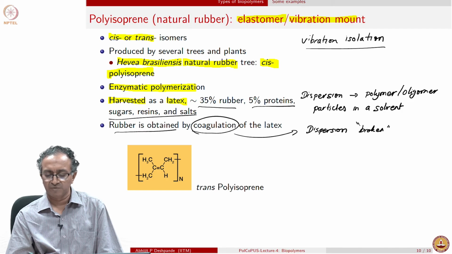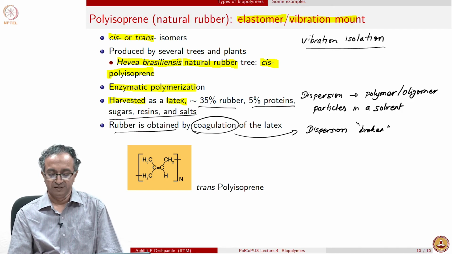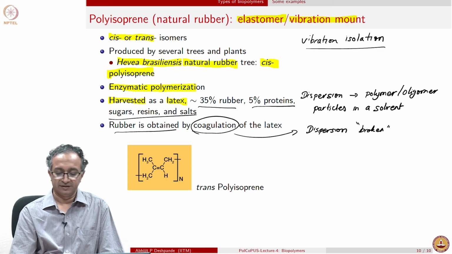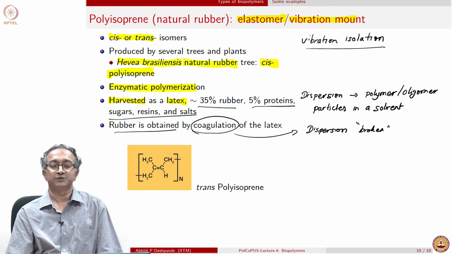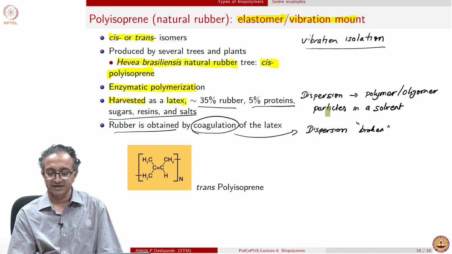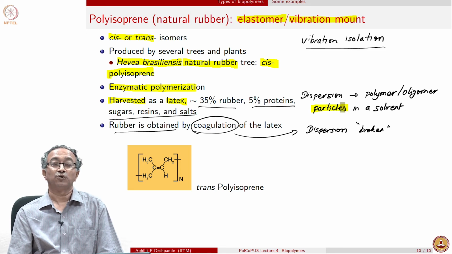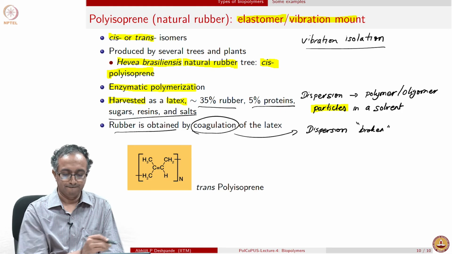Broken is a common English parlance term, but coagulation is the term which specifies that these particles which were there will start coagulating with each other and then exclude the solvent, and therefore, you can form the solid natural rubber piece.